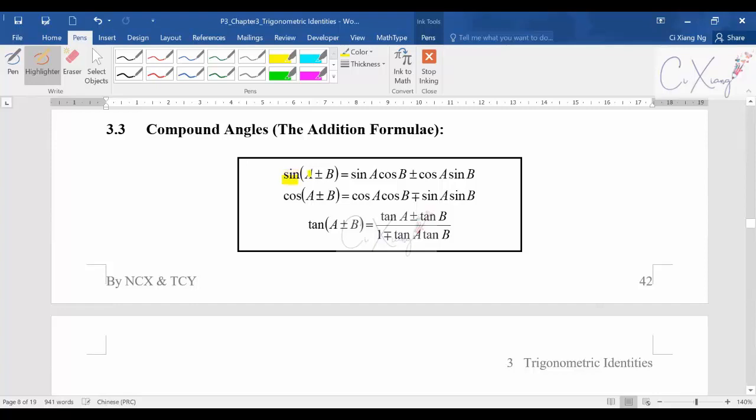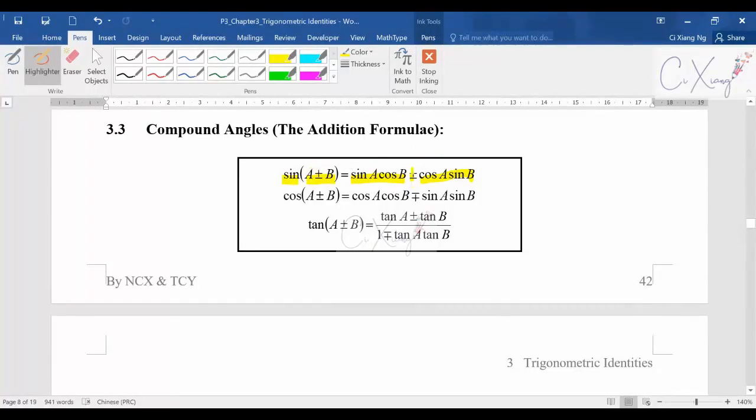When you have sine (A plus B), you look at the plus first, don't bother about the negative. Sine (A plus B) is sine A cos B plus cos A sine B. If you have sine (A minus B), the equation is still the same, but you change the plus to minus.